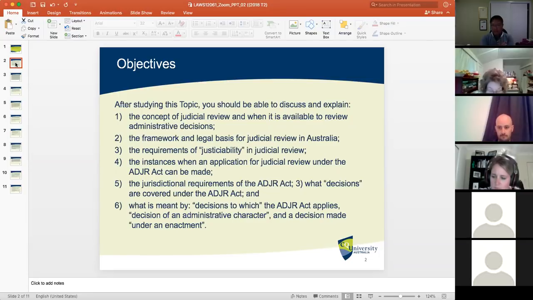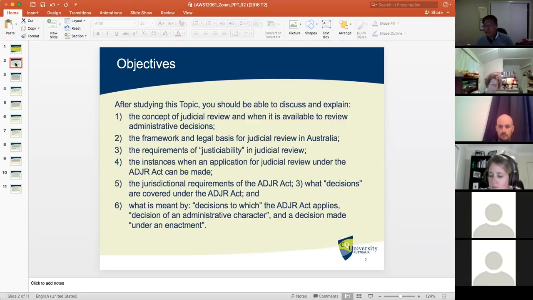Assuming the decision is not made under an enactment because perhaps the decision is made on the basis of an exercise of the prerogative power or the implied powers of the executive. It could be the general power to enter into contracts. It could be the power of the executive to exclude aliens. So it is not based on a statute, but on the exercise of implied powers of the executive. And because it is a decision that is not based on an enactment, you cannot seek recourse under the Administrative Decisions Judicial Review Act of 1977 Commonwealth.